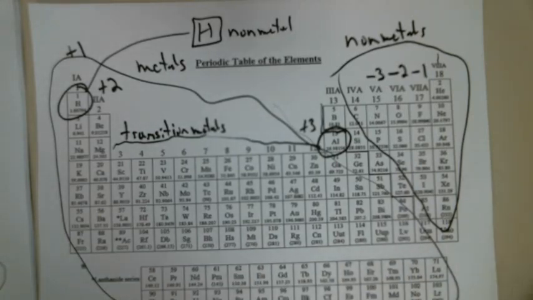We could talk about d orbitals and stuff, but again, that's later on. We're just memorizing this for now to get started. So transition metals can have different charges in different compounds, okay?